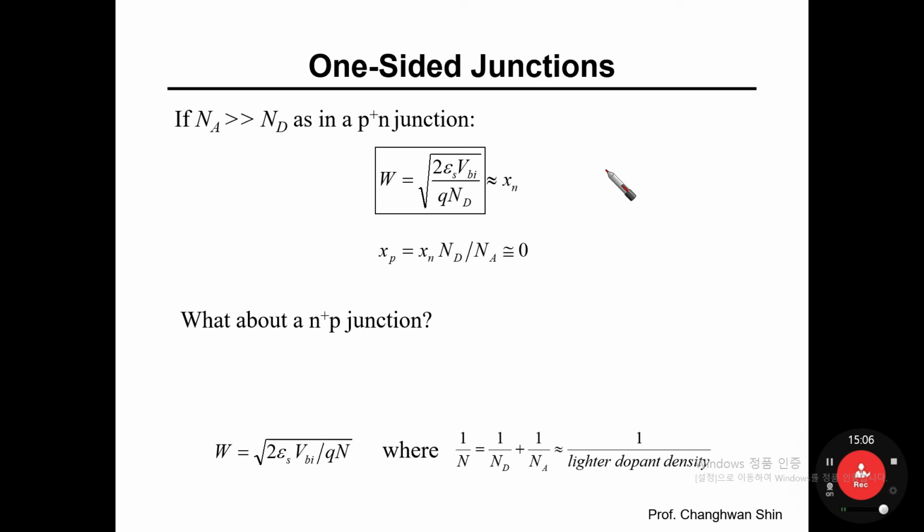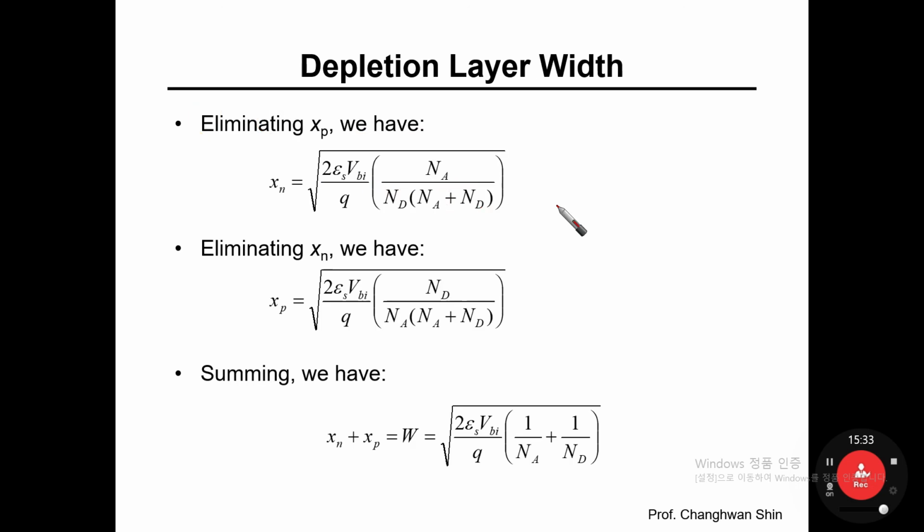In this slide, what if the doping concentration on the p side is much higher than the doping concentration on the n side? So actually, we are talking about the one-sided p-n junction. Then this depletion layer width is governed by the doping concentration in the lightly doped side. Again, go back to this equation and think about the P plus N side.